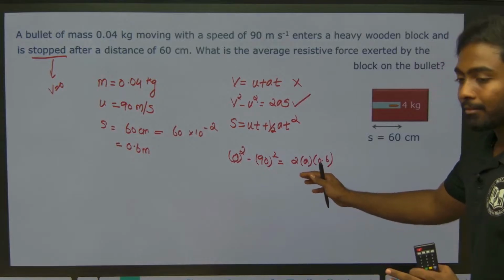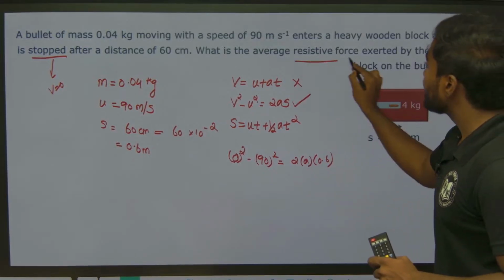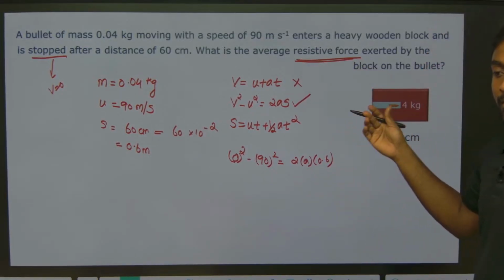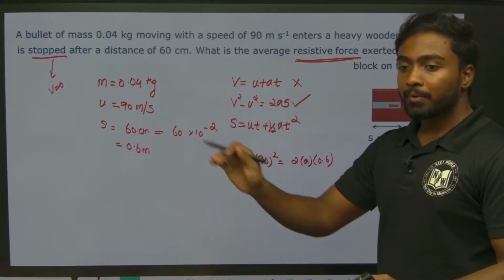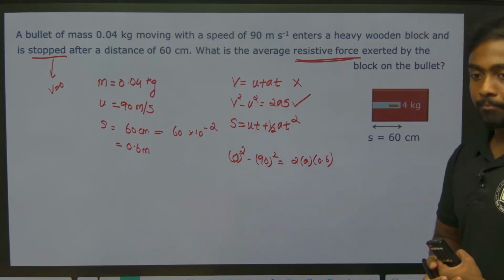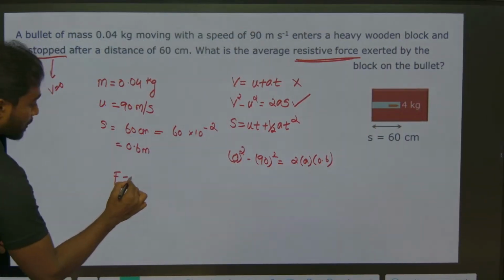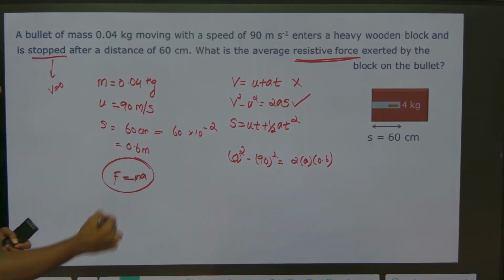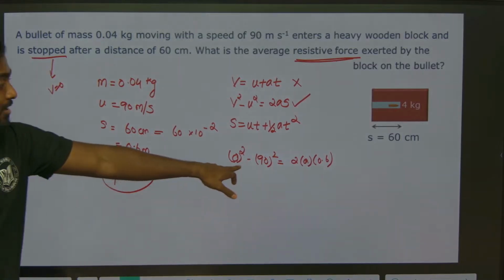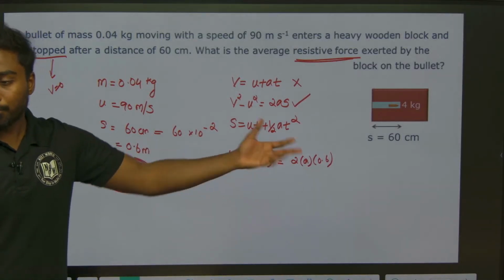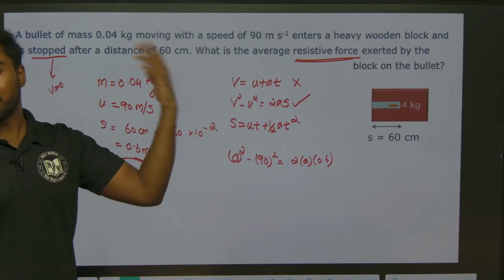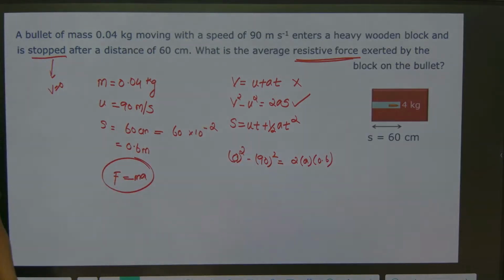If I find acceleration, what are they asking? Resistive force. Resistive force in the sense it is opposing the bullet. So, I need to find F is equal to ma. You will get force in negative terms because acceleration will be negative. Force being negative means it is opposing the motion, that is it.